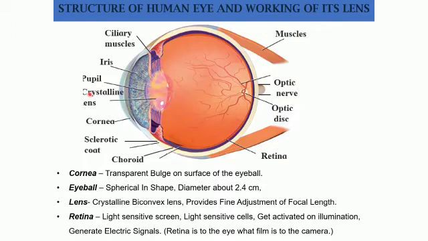So if we are exposed to too much light, the pupil becomes small, and if we are in dim light, the pupil becomes large, or it widens so that more light enters. So if the light falling on the pupil is too bright, then it contracts and it widens when the light is dim.